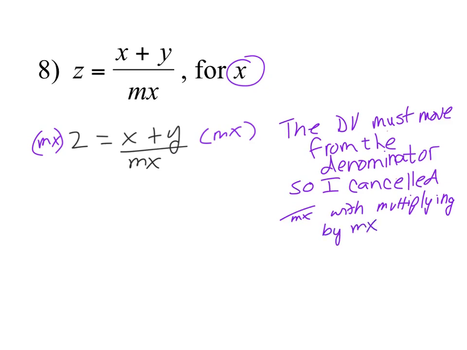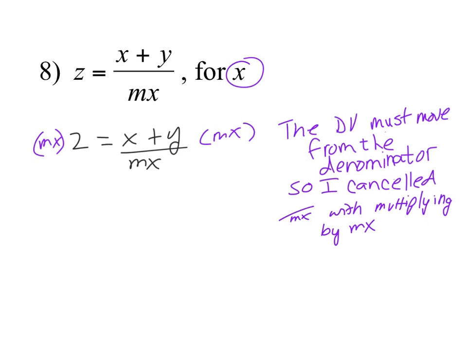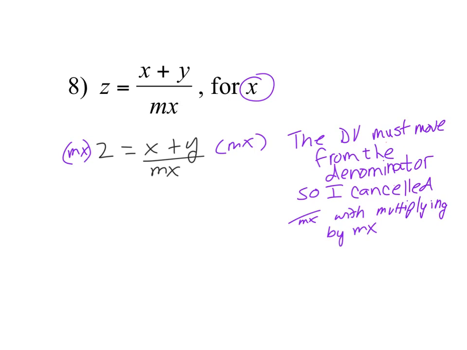The more detailed you go, the better that grade is going to be. The explanation is going to be where the meat and potatoes is for the grade on this quiz. I've got to know that you guys know why you're doing what you're doing. So we've multiplied both sides by mx.